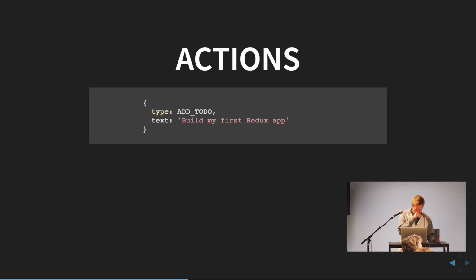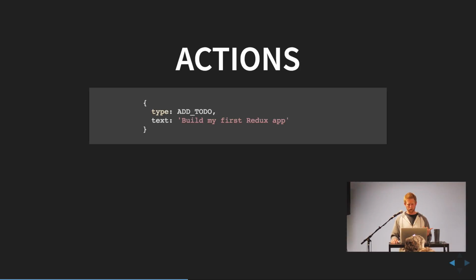So we'll start with actions. Actions are pretty simple. Just a plain object. By convention, they have a type. In this case, the type is just some constant that evaluates to a string. And then we have some sort of payload. This is all the data that comes with the action.